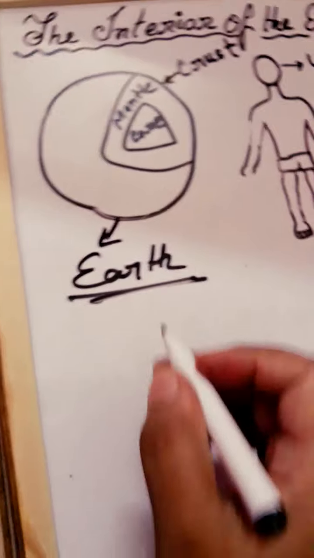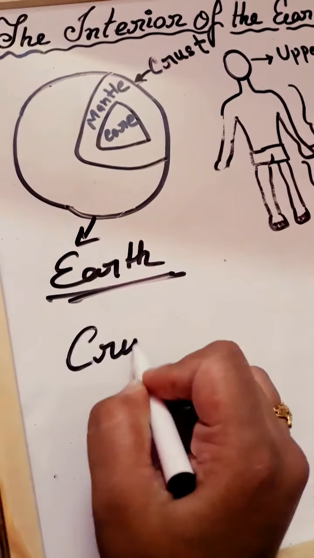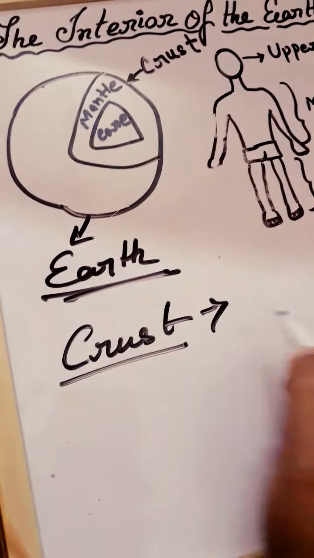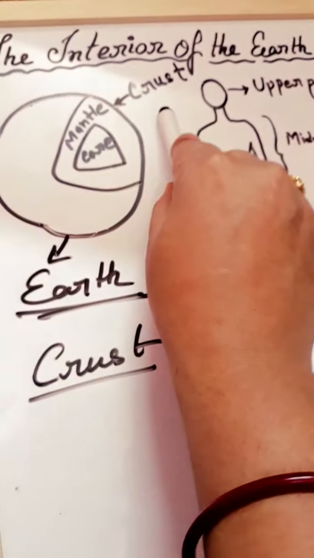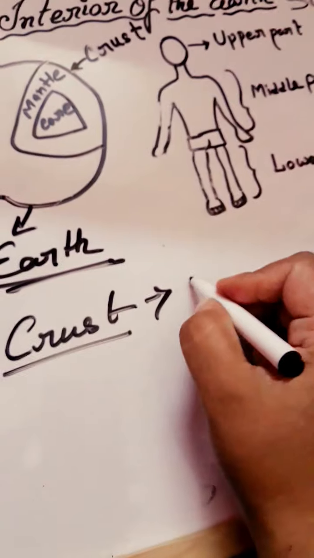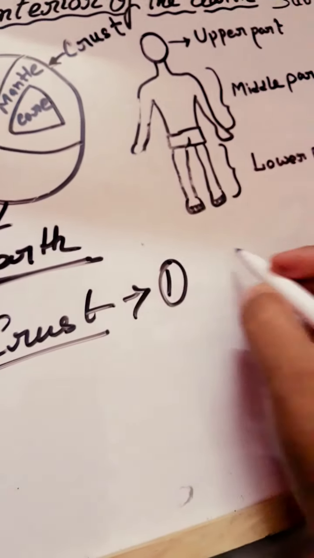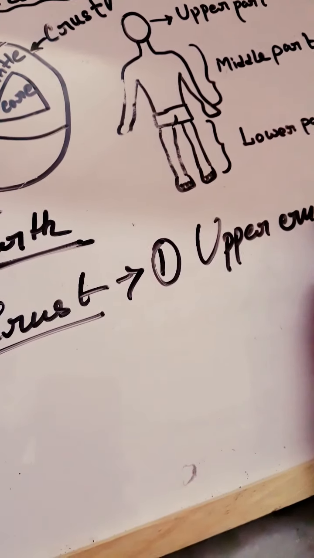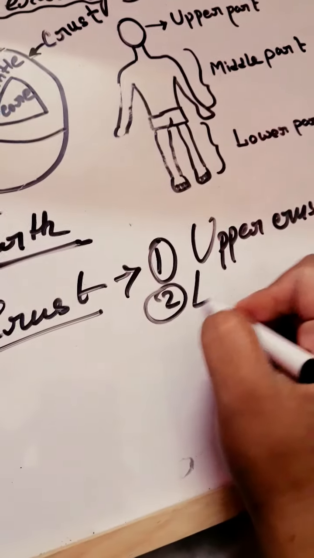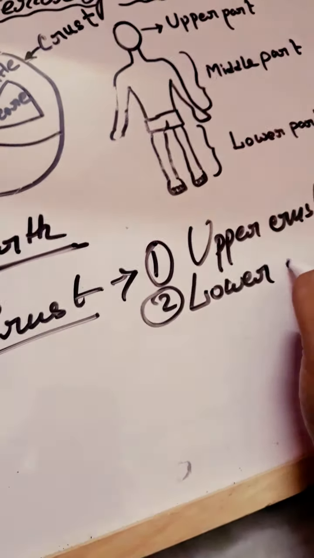Now we will discuss the crust. The crust is the uppermost layer of the earth, and the crust has two different parts: number 1, upper crust, and number 2, lower crust.